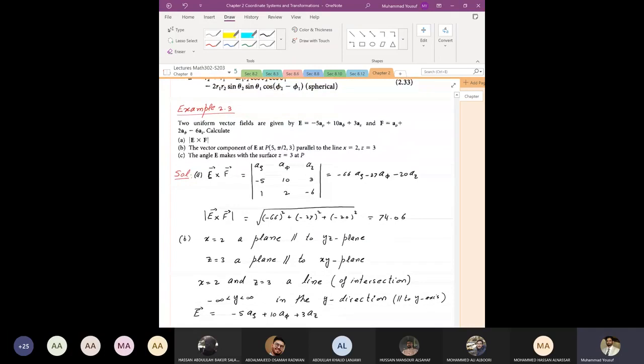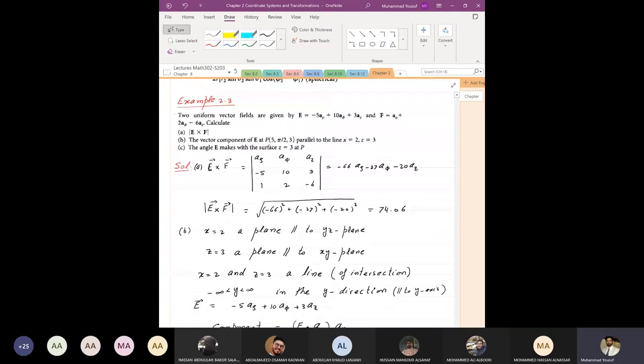Now let me see what the third part of the question is. The angle which vector E makes with the surface z equal to 3, at the point P. At point P, the vector E is making some angle with the z equal to 3 plane.